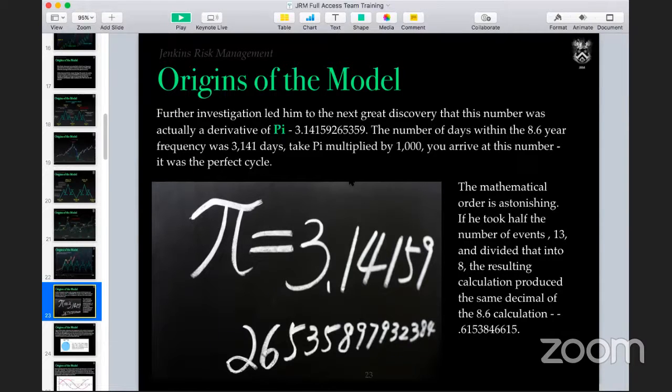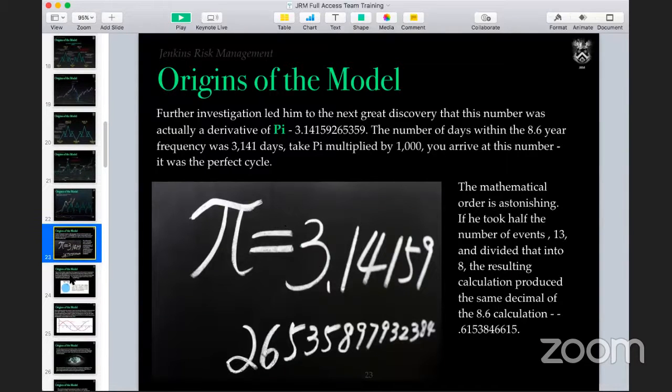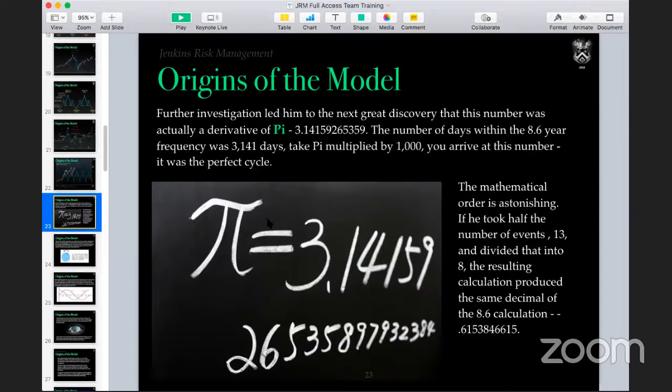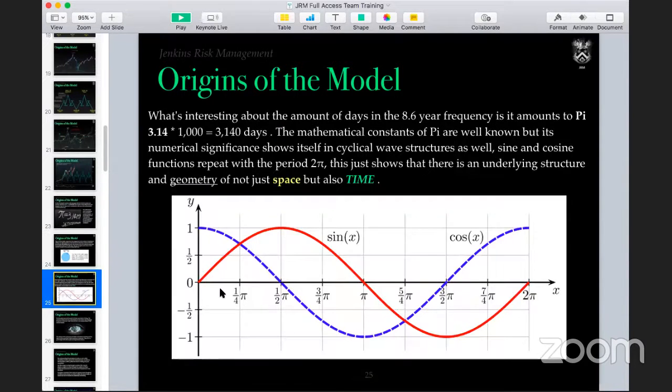The reason it works well is because price tends to cycle away from that moving average, and it tends to cycle back towards it. The reason being, yes, you're analyzing the average price, but you're taking into account X amount of time units, right? So as time goes by, there's a cyclical nature around time, and pi just shows up everywhere.